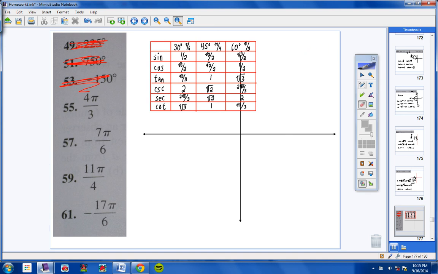All right, here we go. Number 55, 4 pi over 3. Now, students, don't forget that 4 pi over 3 is the same thing as 1 and 1/3 pi. So we're going to rotate 1 whole pi and then 1/3 more. So if we rotated 1 whole pi and then 1/3 more, then what's left over inside here is going to be pi over 3.